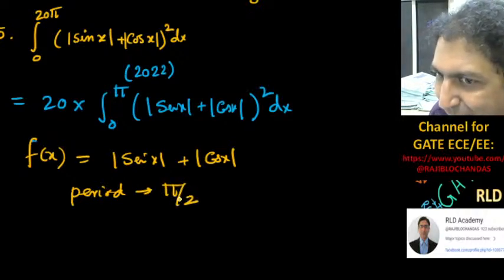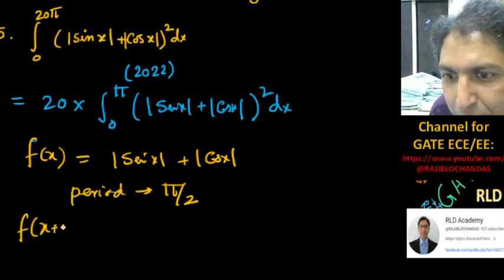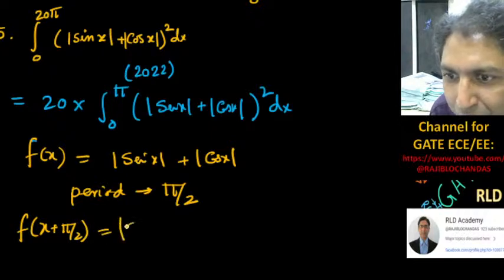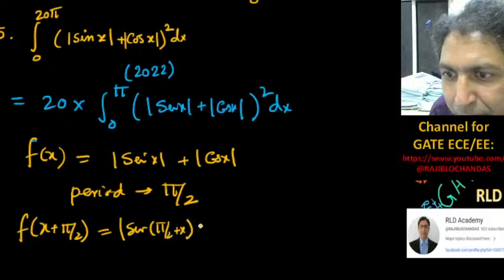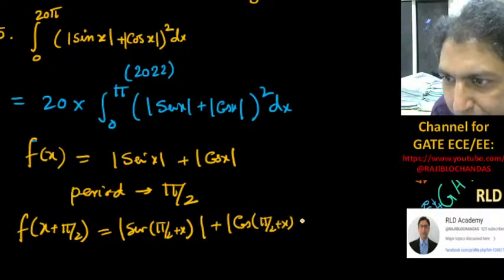Why? Because if I consider f of x plus pi by 2, what I will get? Mod of sine of pi by 2 plus x plus mod of cos of pi by 2 plus x.